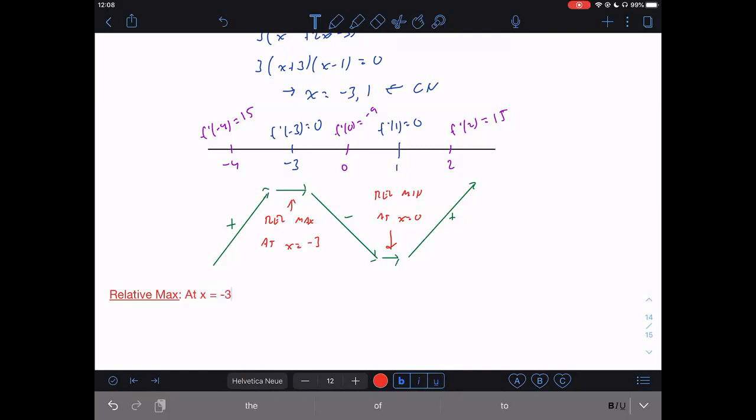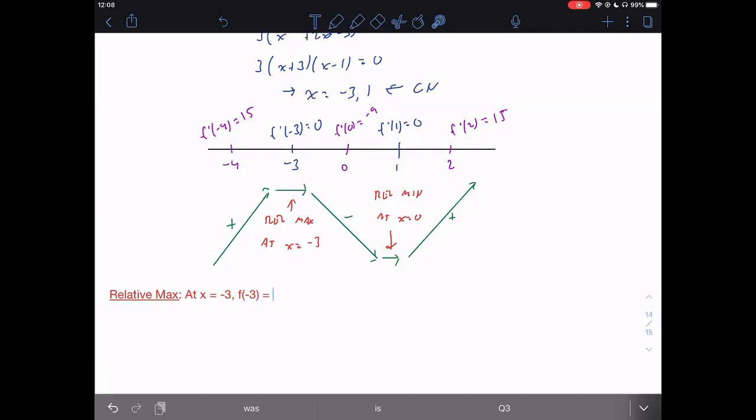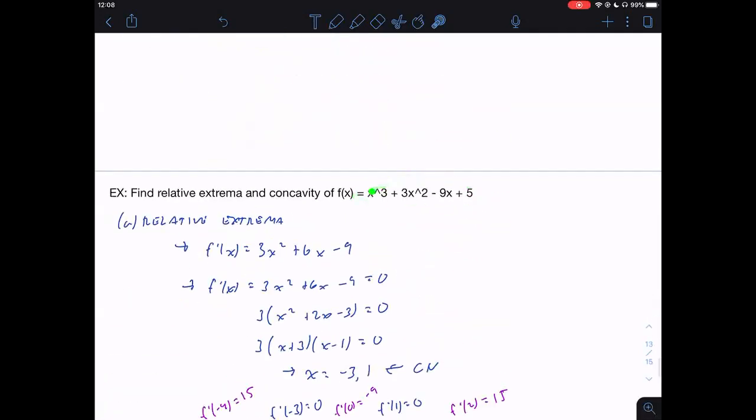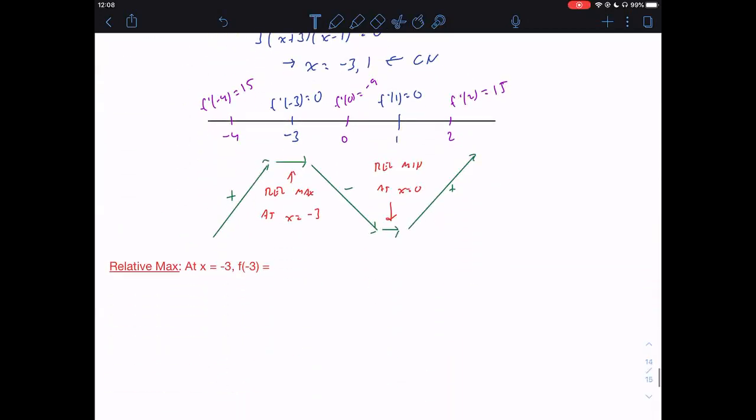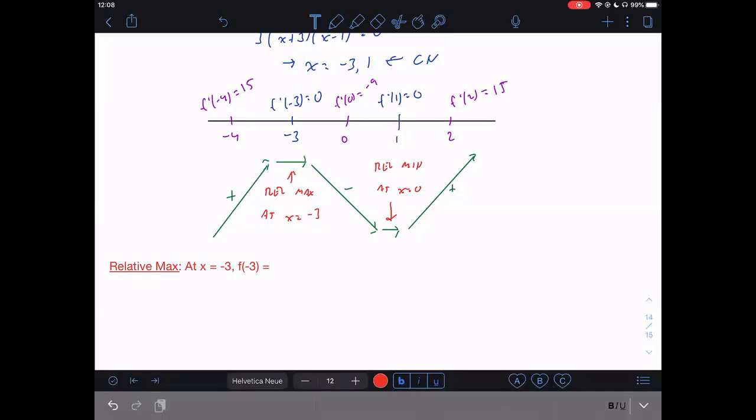at x equals -3, and to find the actual value of the maximum point, recall we have to plug that critical point into the original function. So f at -3. Right, we're plugging -3 into the original cubic function of x cubed plus 3x squared minus 9x plus 5. And if we evaluate that correctly, we get a value here of 32.